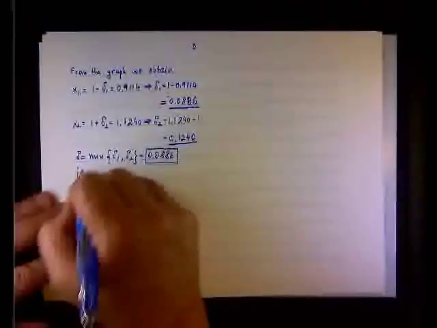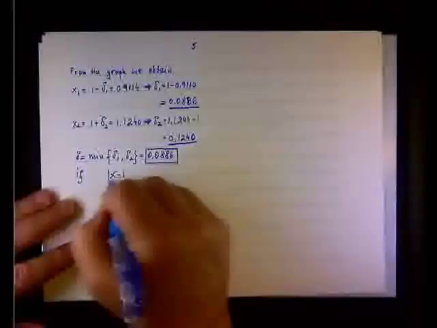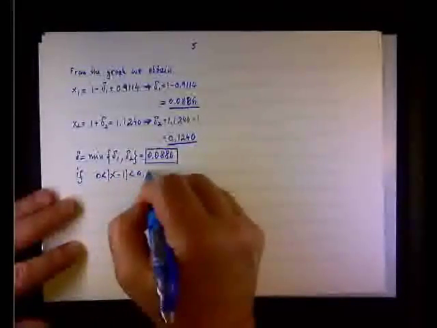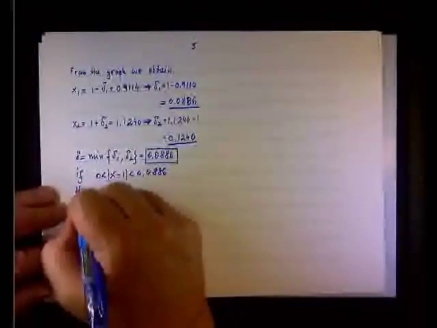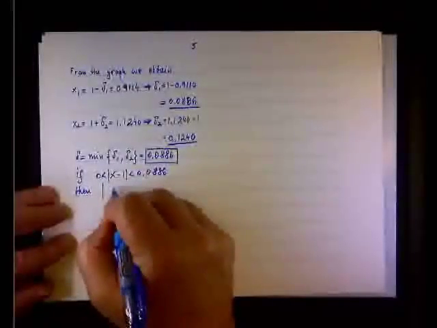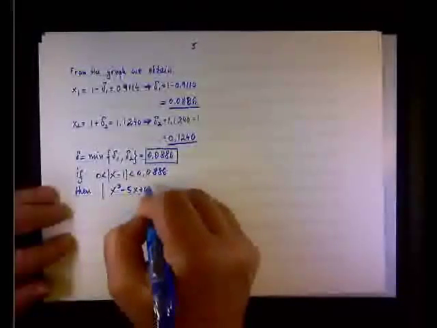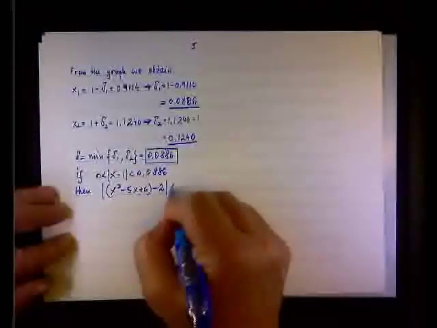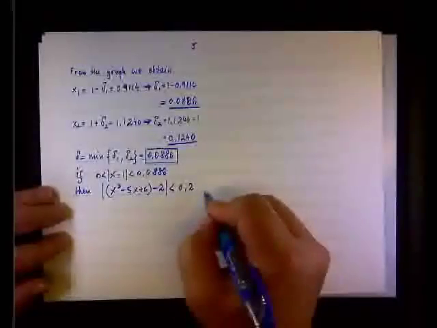If x minus 1 is positive but less than 0.0886, then the absolute value of f of x, which is x cubed minus 5x plus 6, minus the value of the limit 2, will be within our tolerance of 0.2, which is our epsilon.